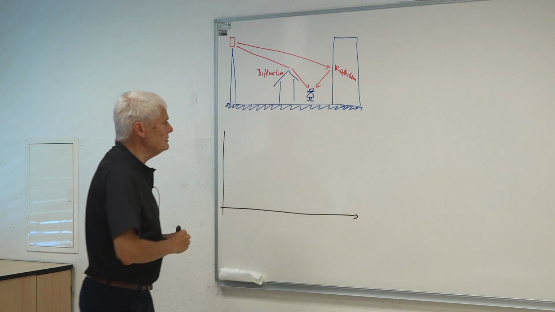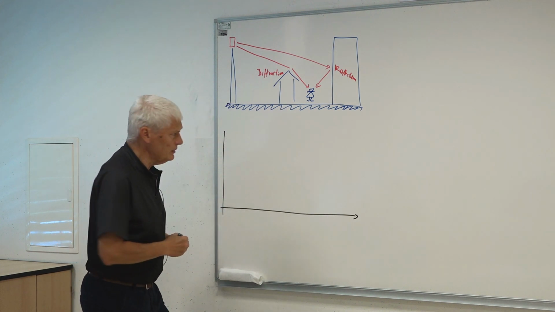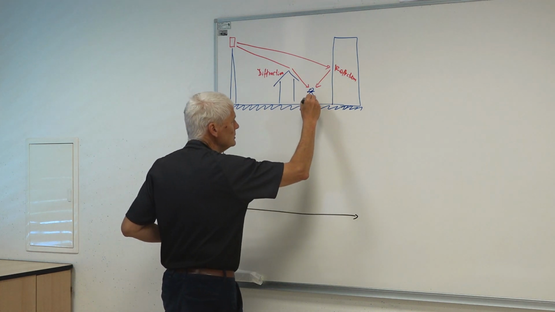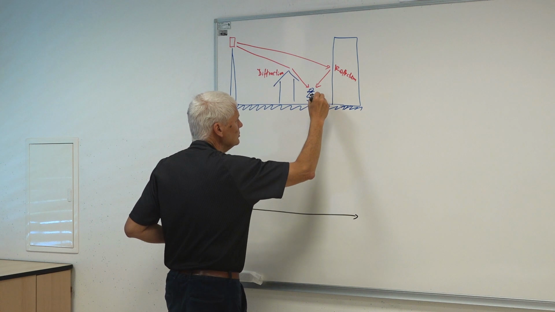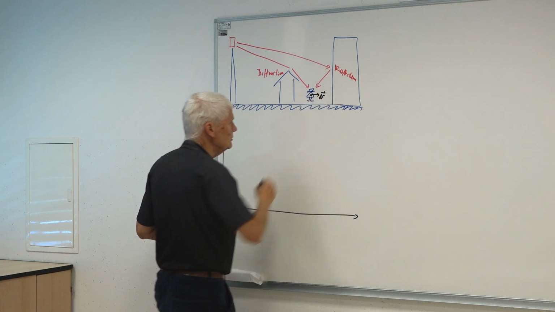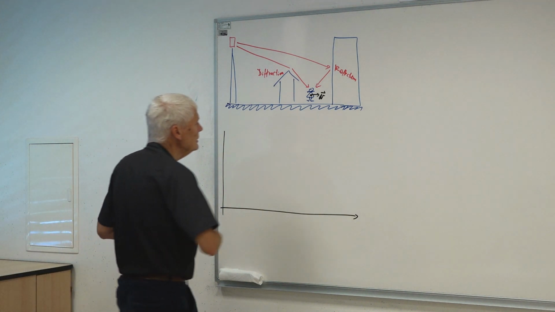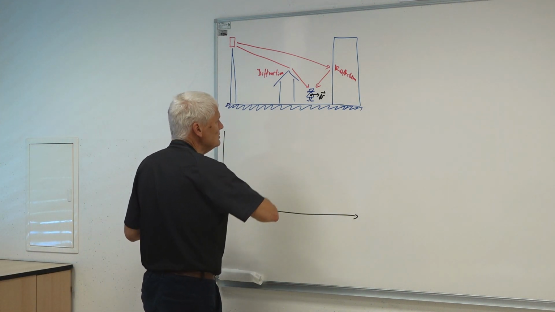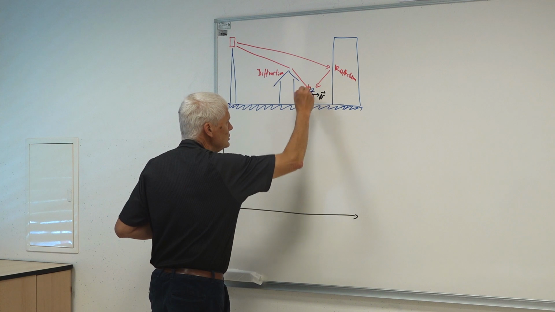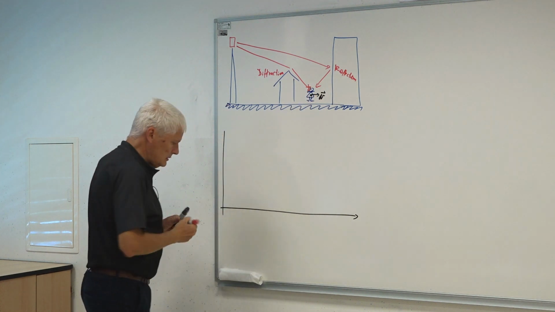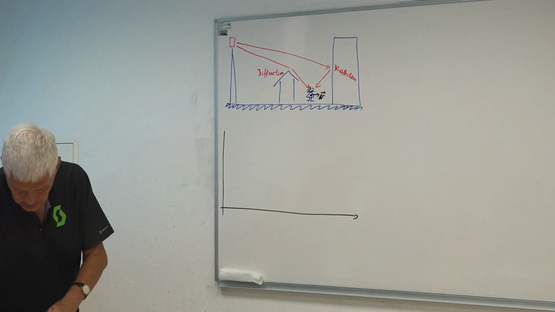Here, the first thing is the user is probably moving. That's likely. The user is going to move at a certain velocity. But also, the obstacles themselves may be changing, and that's the reason why we get some fading.